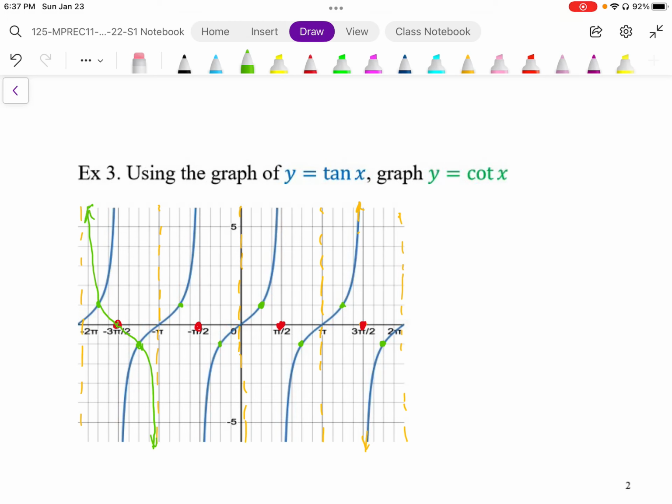The key are the asymptotes. It's going to follow the asymptotes, go through y equals 1, the 0, y equals -1, and then follow the asymptote down. So that green graph represents the cotangent function. That's the reciprocal function of the tan. It looks very much like the tan, except it's kind of going the other way. It's almost like a horizontal reflection.